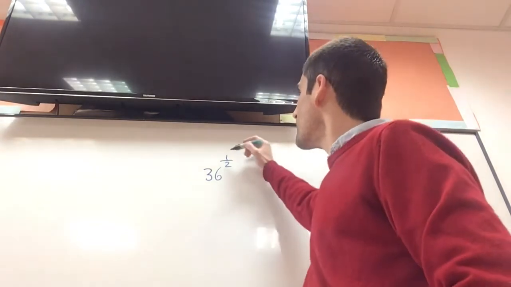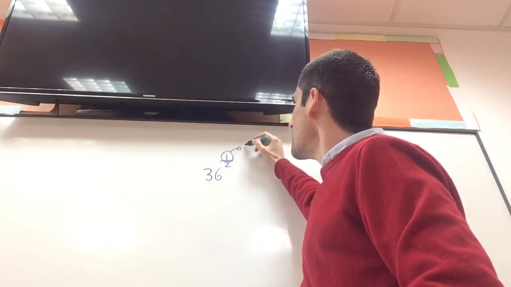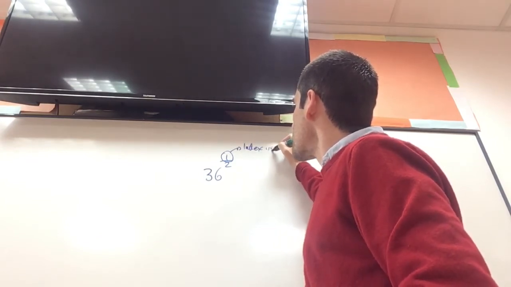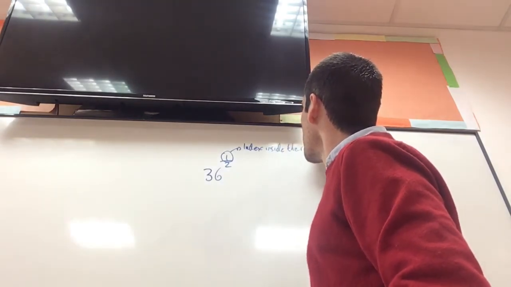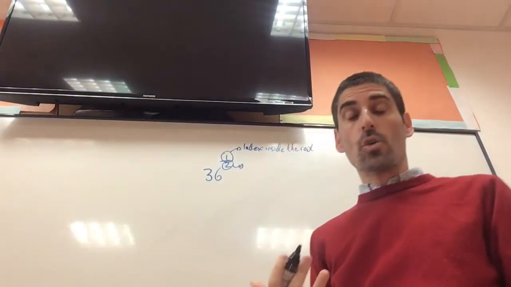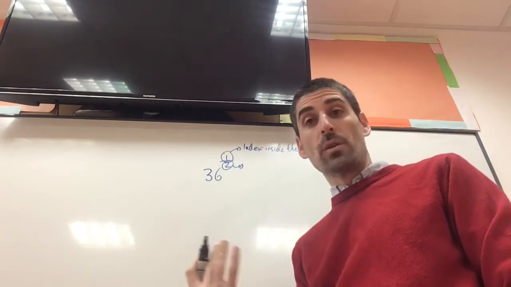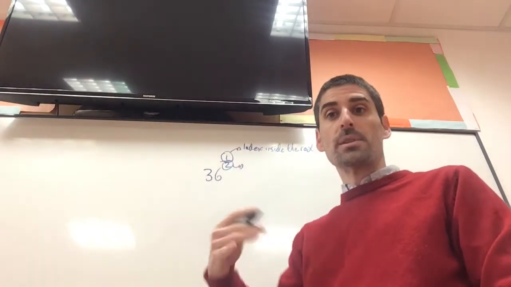So the numerator is the index inside the root, and the denominator is the order of the root, the magnitude of the root. If it's a 2, it's going to be a square root. If it's 3, it's going to be a cube root. If it was 4, it would be the 4th root, etc.